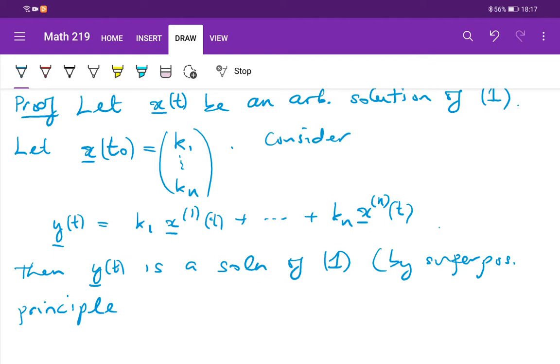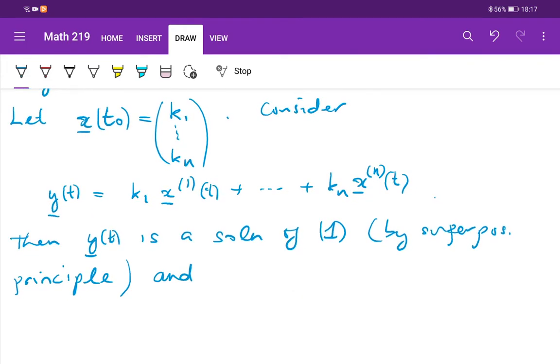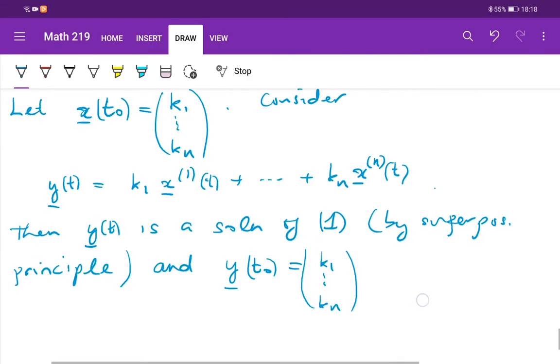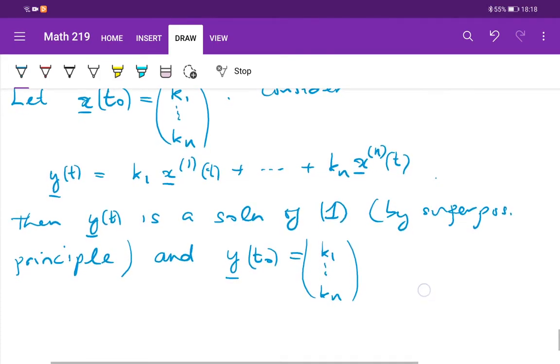And y at t0, if you just check this, because x1 at t0 is 1, 0, 0, 0, and so on, it's clear that this is k1 up to kn, so it's exactly the same as x at t0. So we see that x and y both satisfy the same initial value problem.